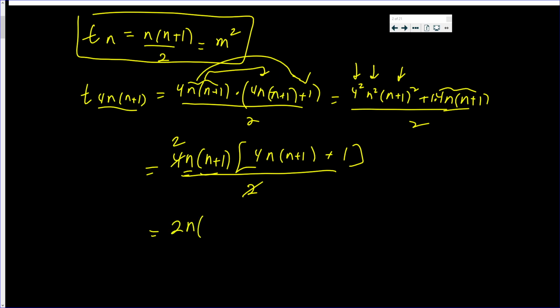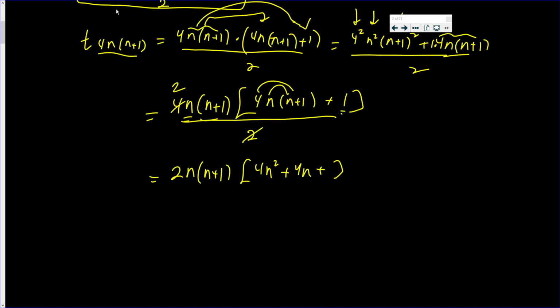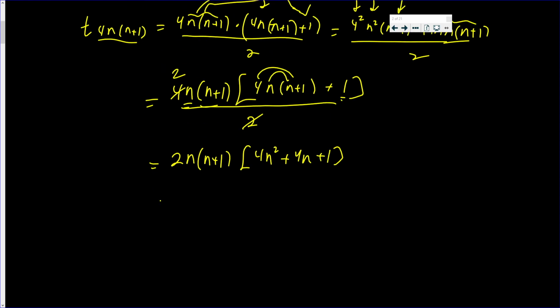So we have 2n times n plus 1 in front, and here we have 4n squared plus 4n plus the 1. Well, this is 2n times n plus 1, and this here is 2n plus 1 squared.